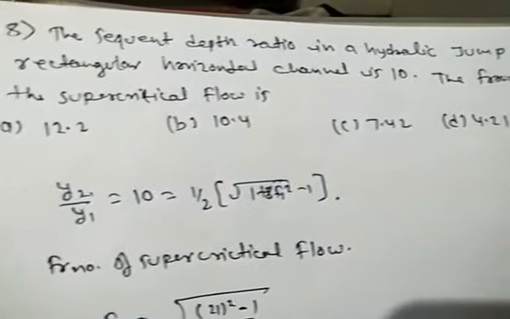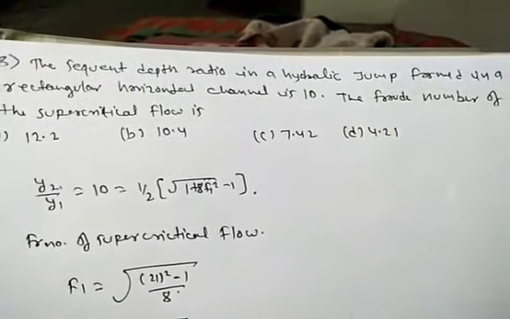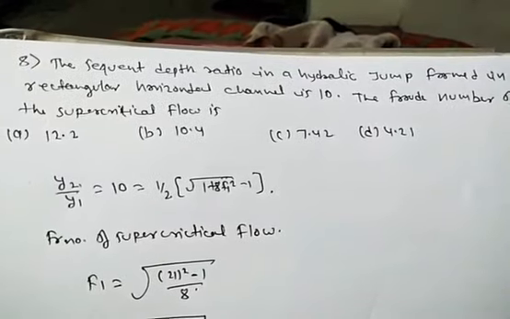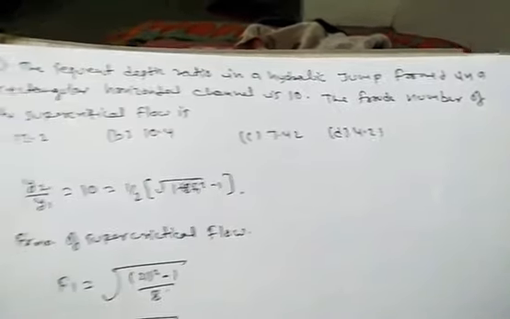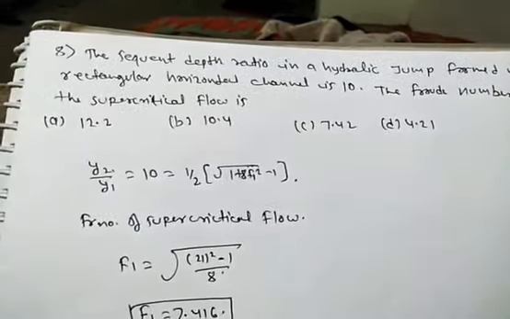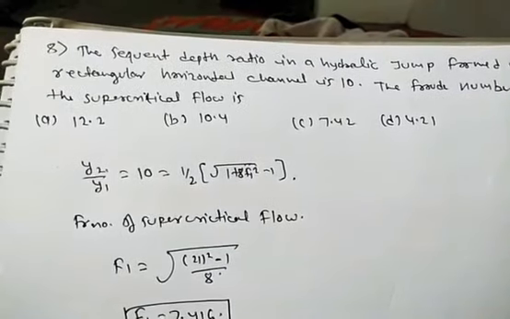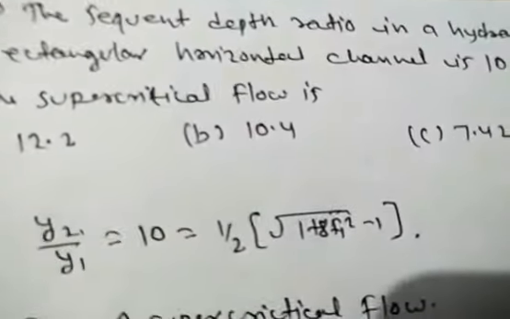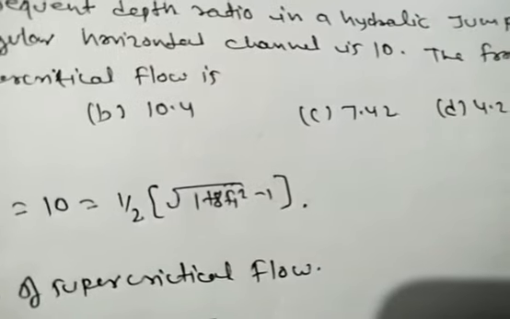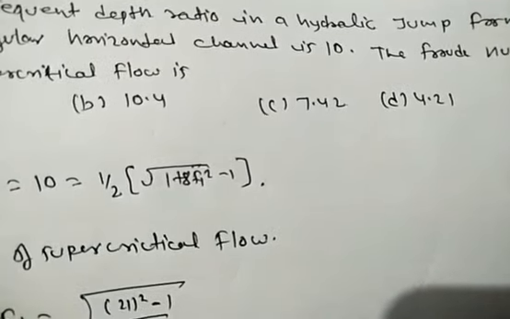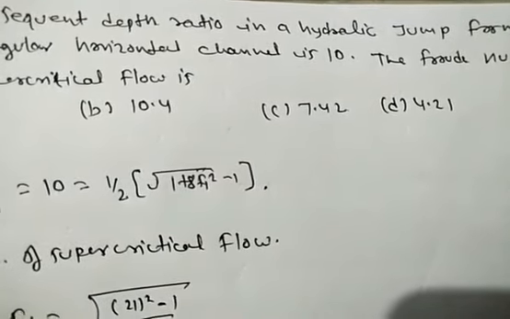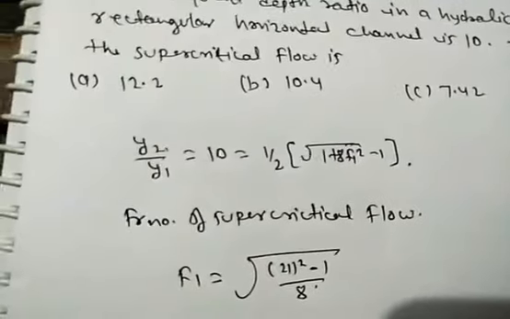The sequent depth ratio in the hydraulic jump formed in a rectangular horizontal channel is 10. The Froude number of the supercritical flow is: option A 12.2, B 10.4, C 7.42, D 4.21.